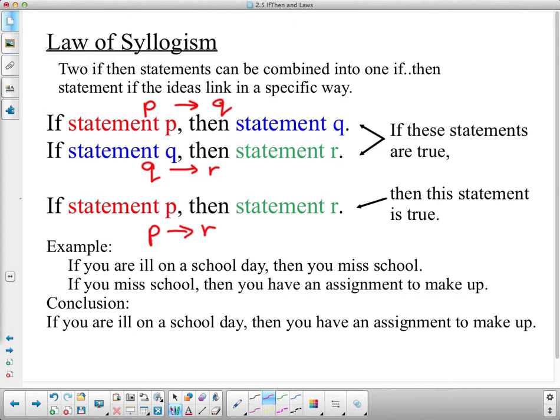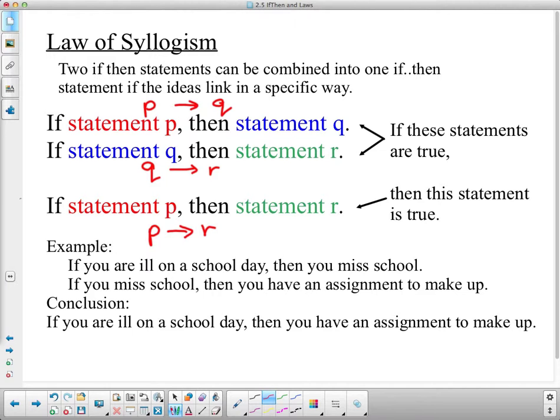How many of you have heard of the books, If You Give a Mouse a Cookie, If You Give a Moose a Muffin, If You Give a Pig a Pancake? Those are good examples of syllogism. Doesn't it have like a chain reaction along the way? If you give a mouse a cookie, then he's going to want milk.